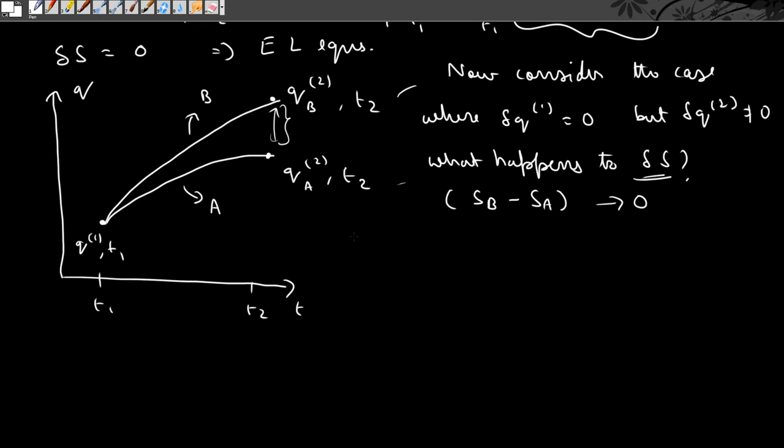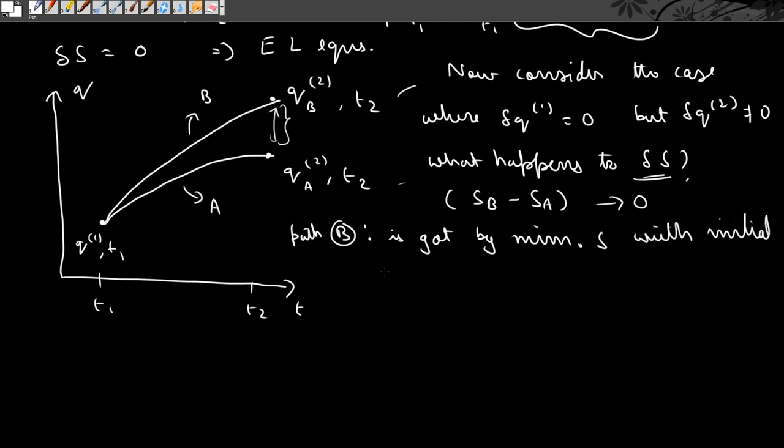So first of all, what are these paths B and A? Let me clarify that. Path B is got by minimizing our action with initial and final states Q1 and Q2B.